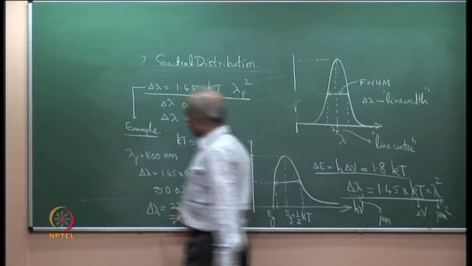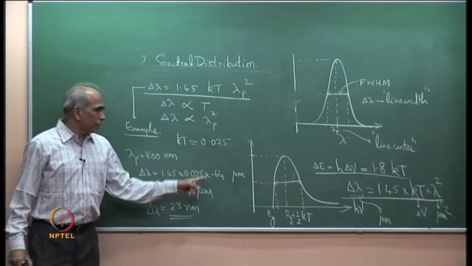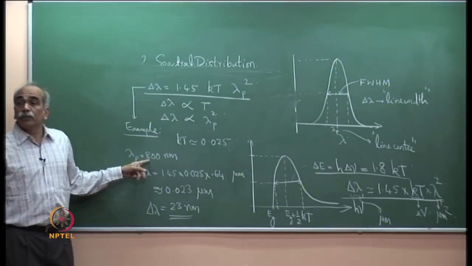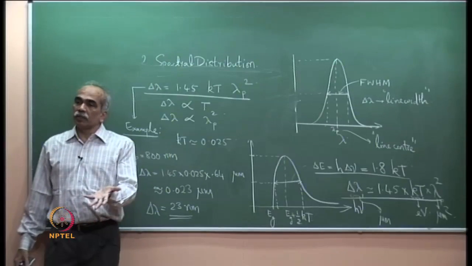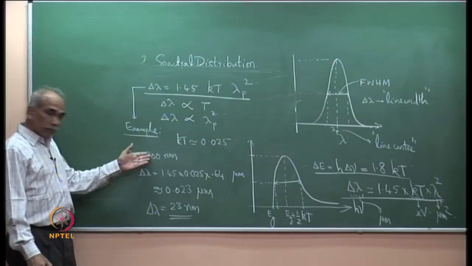Typically, in the visible region, instead of lambda p at 800, if you take a visible LED at 600 nanometer or 630 nanometer, then you will have even less.